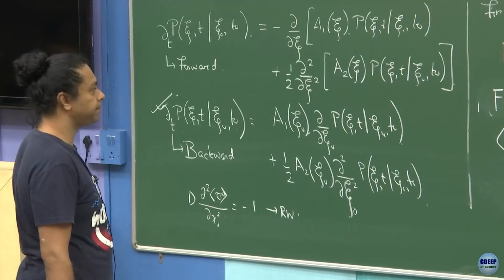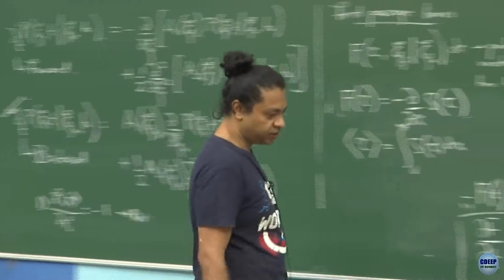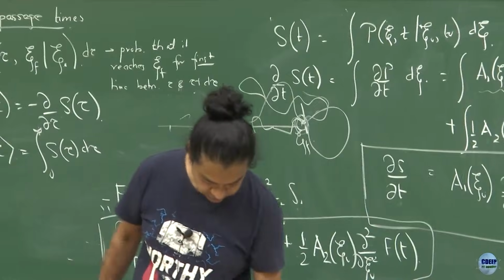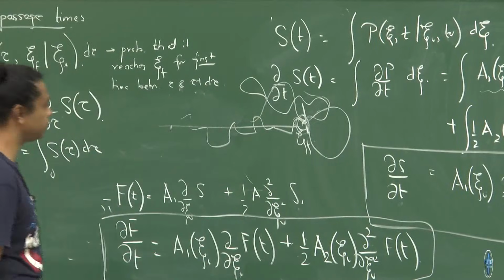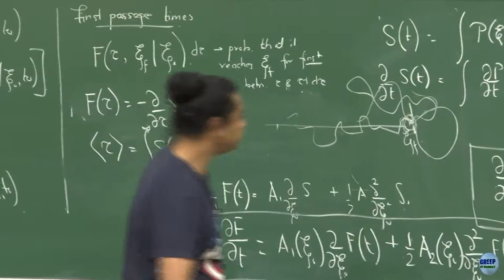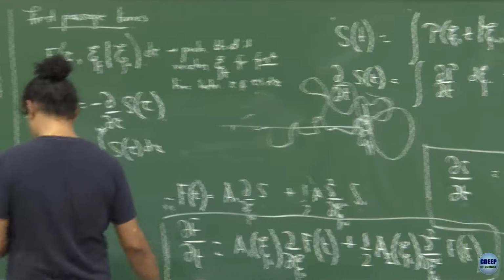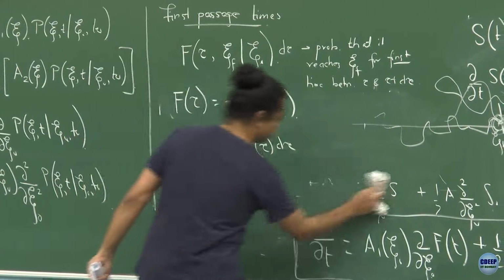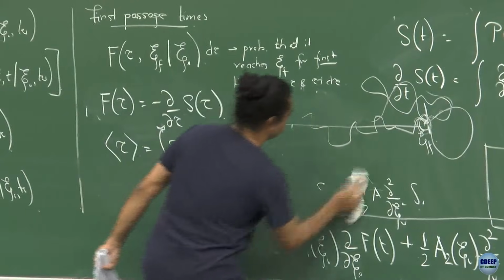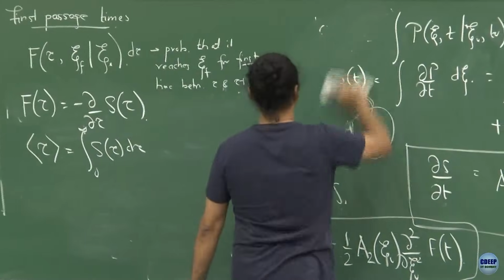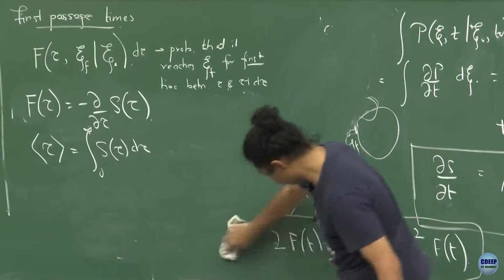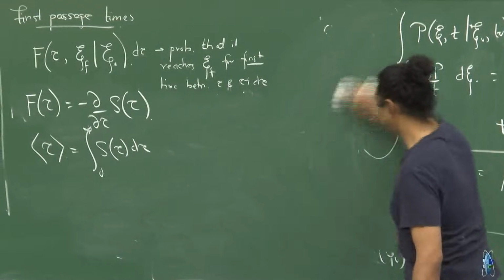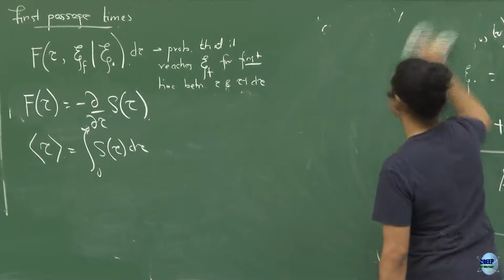What was I saying? Moments. Another, often useful, way to deal with this equation is to look at the Laplace transform. I have the fact that both the survival as well as the first passage obey the backward equation, which is written there, so I can erase this.